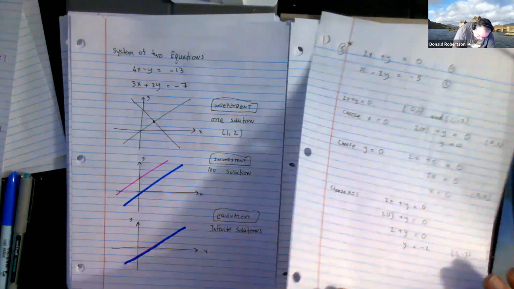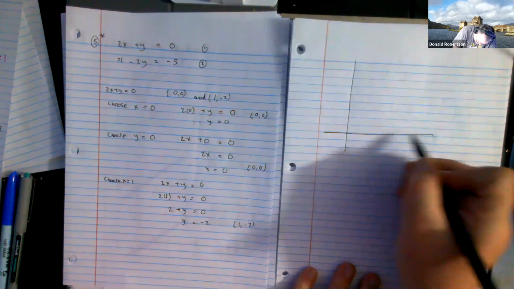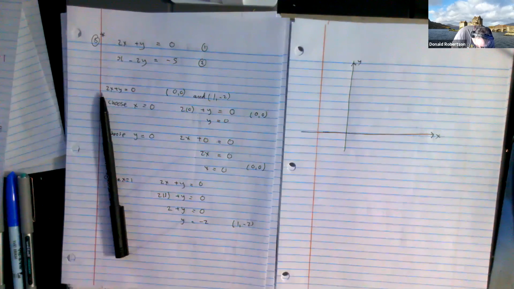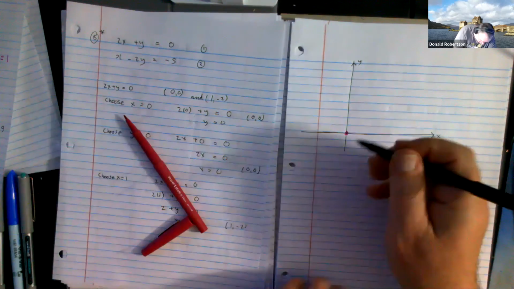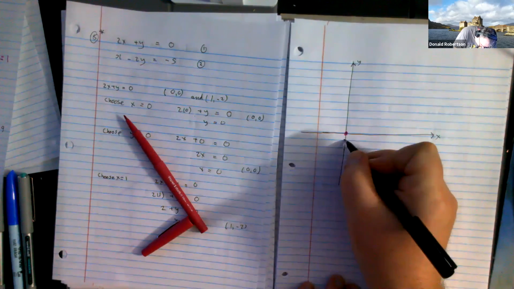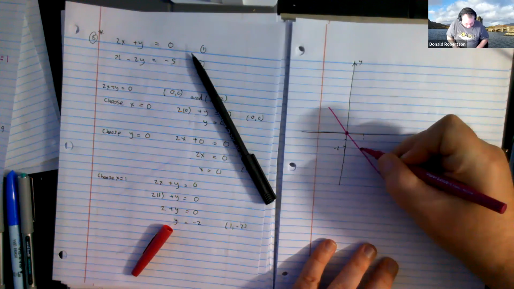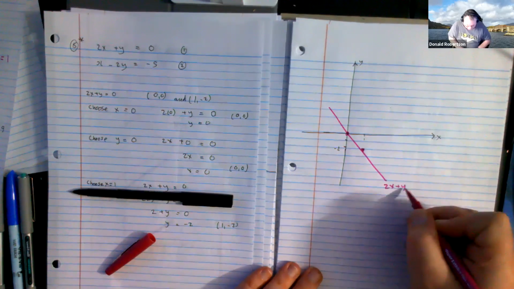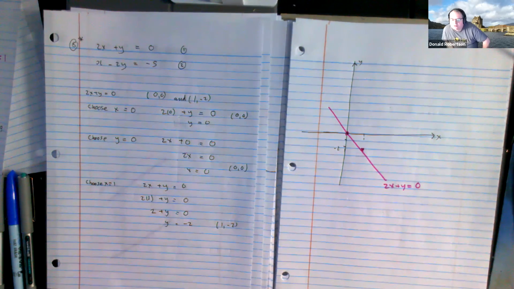So you're going to just believe that I'm good at drawing, and this is square paper. 0, 0 is easy. And for 1, -2, I guess I better be a little bit lower then. 1, -2 can be here, right? Imagine that's my first line. Pretend that's bang on. So that would be what 2x plus y equals 0 looks like. Are we cool with that?